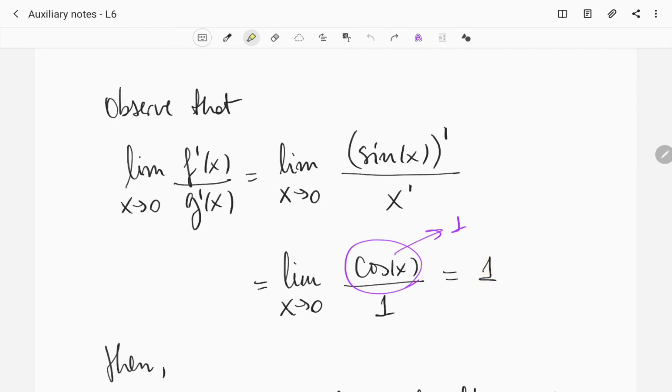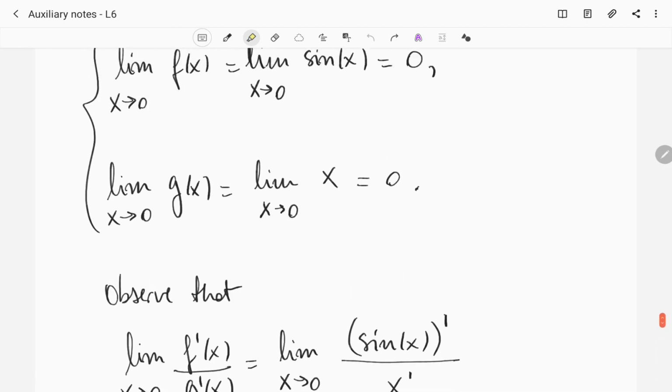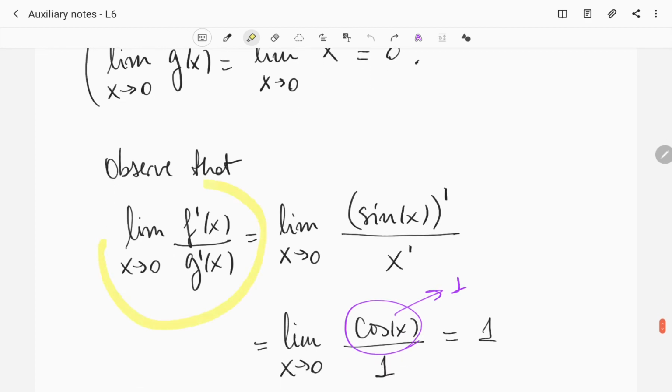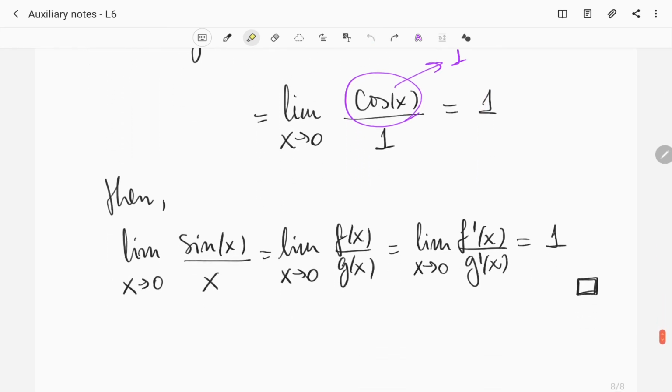So the rule says, you have these two functions with these two assumptions, both go to 0 when x goes to 0. Then you compute this auxiliary limit with the derivatives, and you get a value. And now, since this limit exists, you can claim that these guys coincide, are equal.